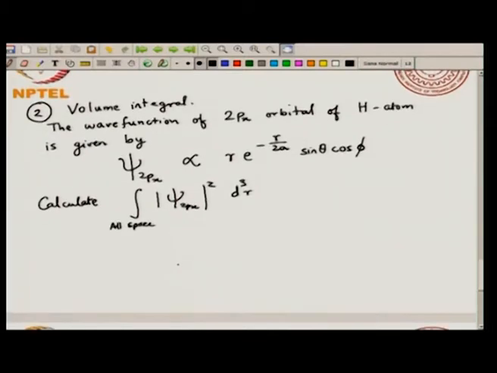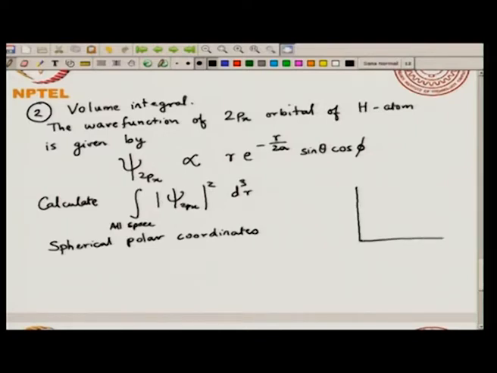So, you calculate the volume over the entire 3-dimensional space. I will just give you a little bit of background about this problem. I have expressed this wave function in terms of r, theta and phi, so it is already expressed in spherical polar coordinates. So, what are spherical polar coordinates?